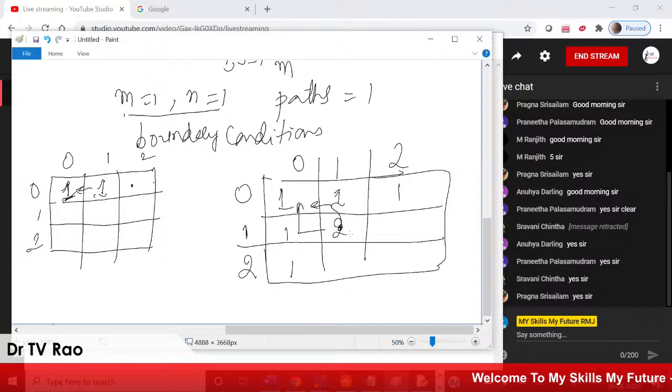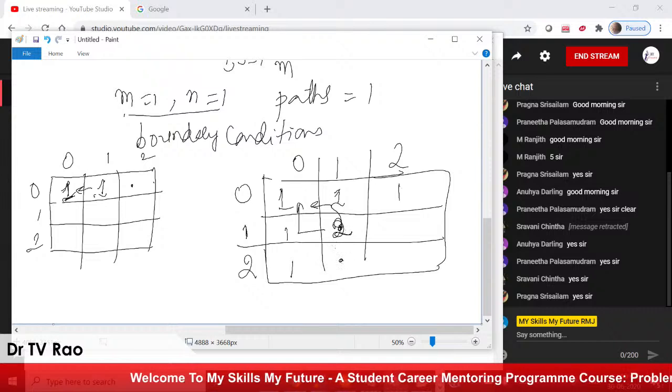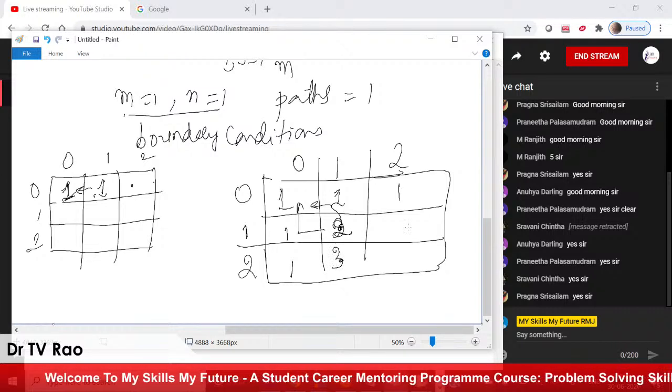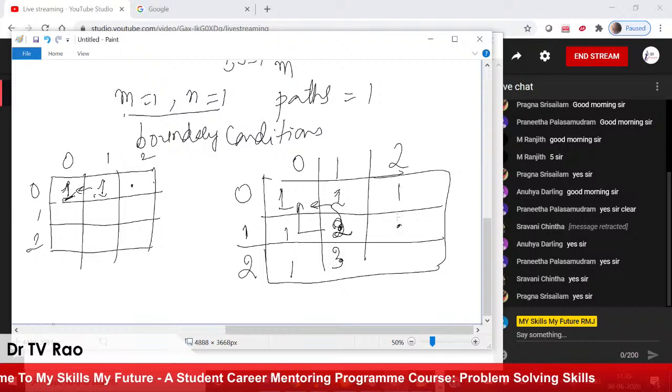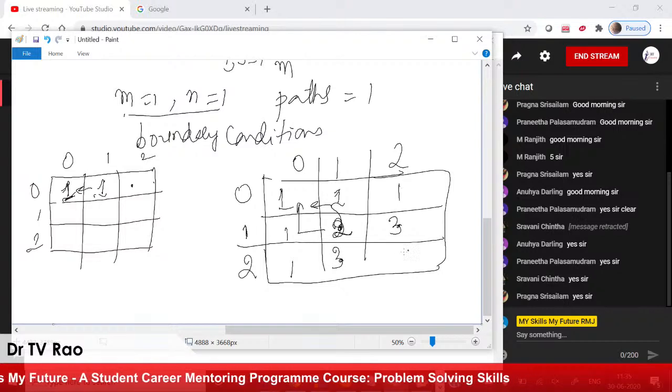There are two ways. From here, three ways. From here, three ways. From here, 6 ways. Is this clear?